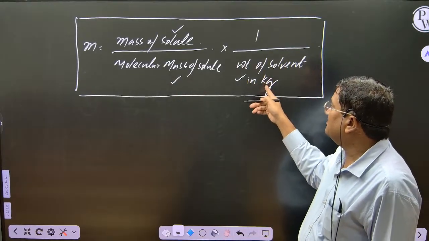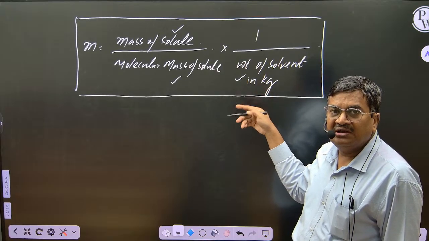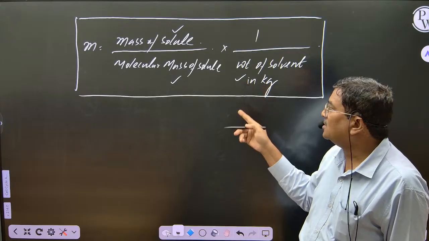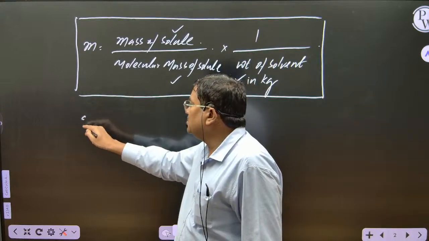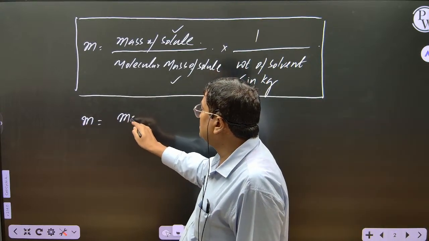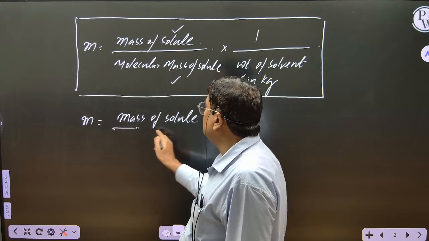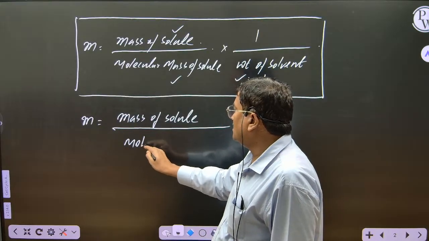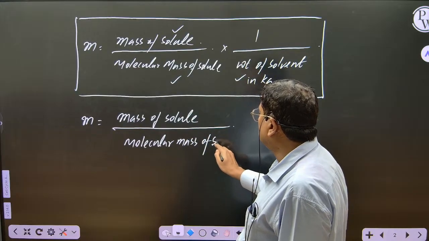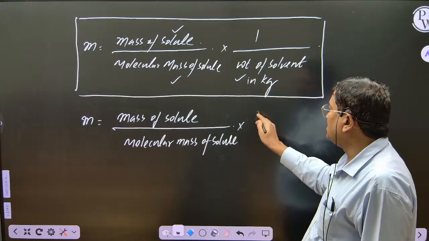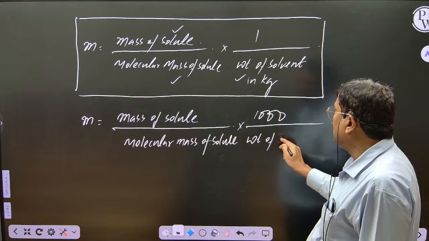Sometimes the mass of solvent in the problem is given in grams. If they give grams, you have to convert grams into kg. So how do you convert? 1 kg is how many grams? 1000 grams, no. So then we use this relation: mass of solute upon molecular mass of solute into 1000, which goes to the numerator, by weight of solvent to be taken in grams.